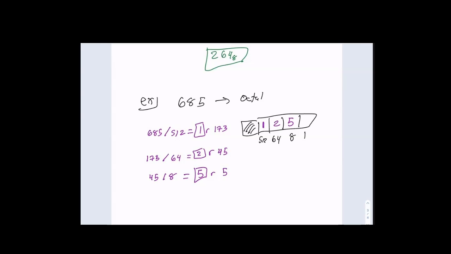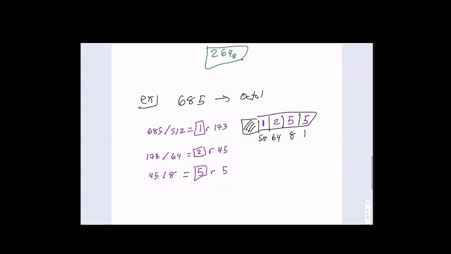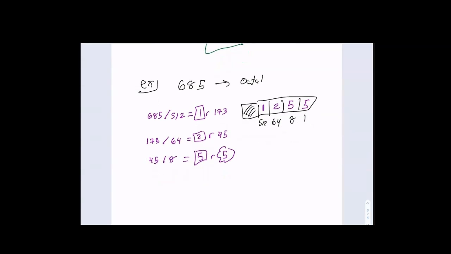If you were going to do that with the calculator, it's 45 minus 5 times 8, which gives me my remainder of 5. And so I get another 5 right there. So 685 is equal to 1255 in octal. And that's it.